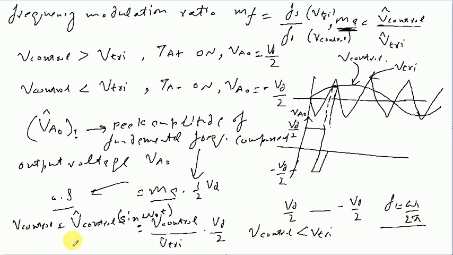We already have established that in this particular case V control is going to be less than V triangular, that is, the peak value of the control or the sinusoidal signal is going to be less than the peak value of the triangular signal. We'll see the case in which this value is greater than the triangular waveform.